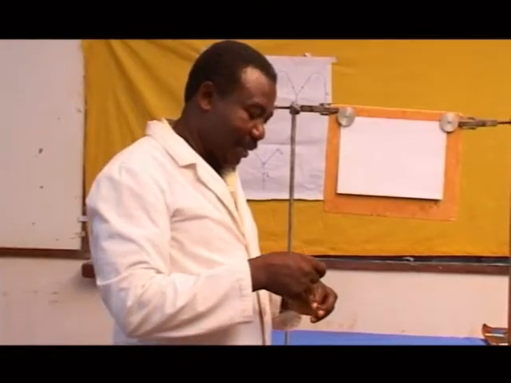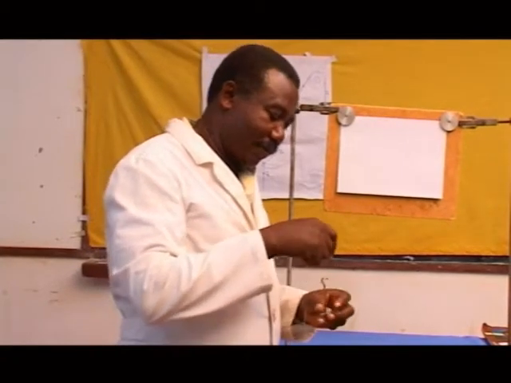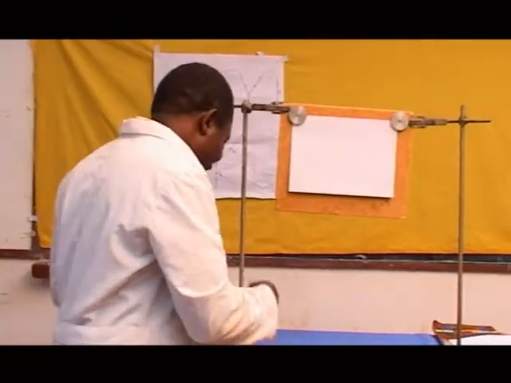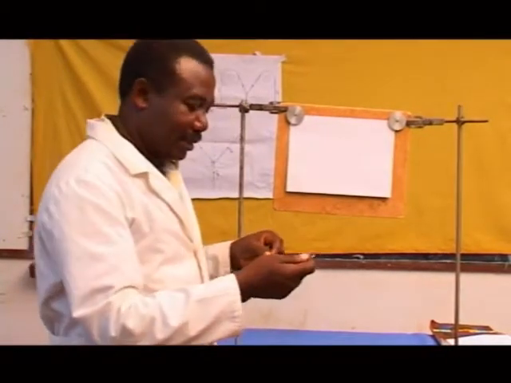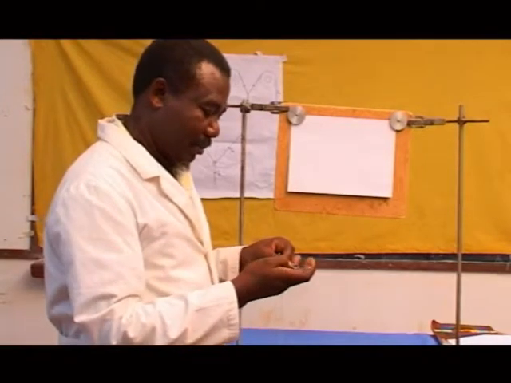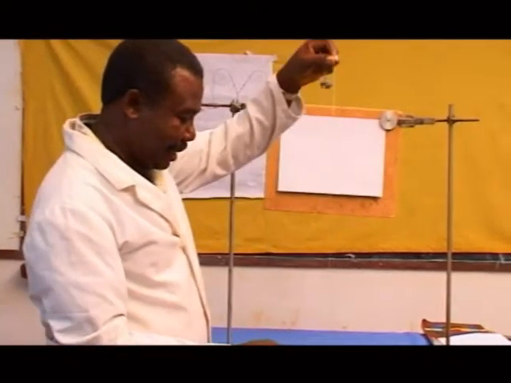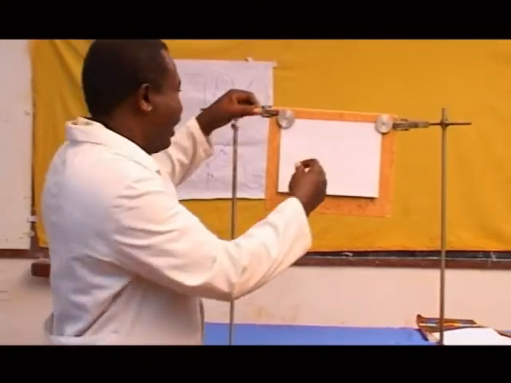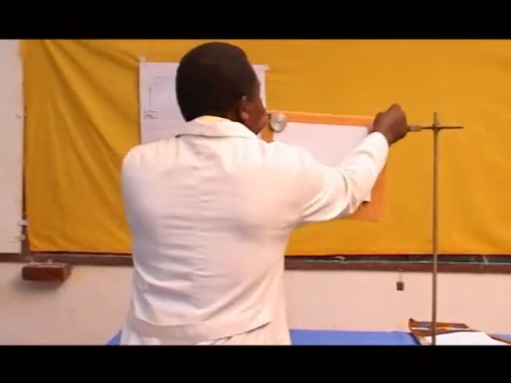Suspend a mass of 40 grams on the thread and 50 grams on the other side of the thread, and hang it on the 2 pulleys.